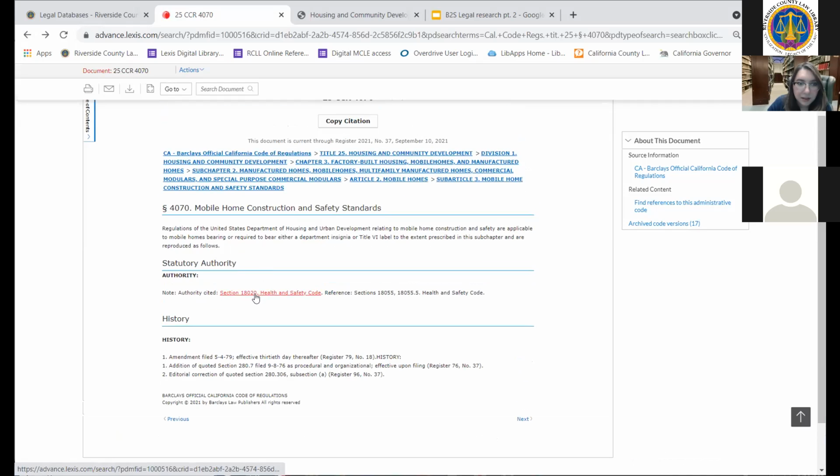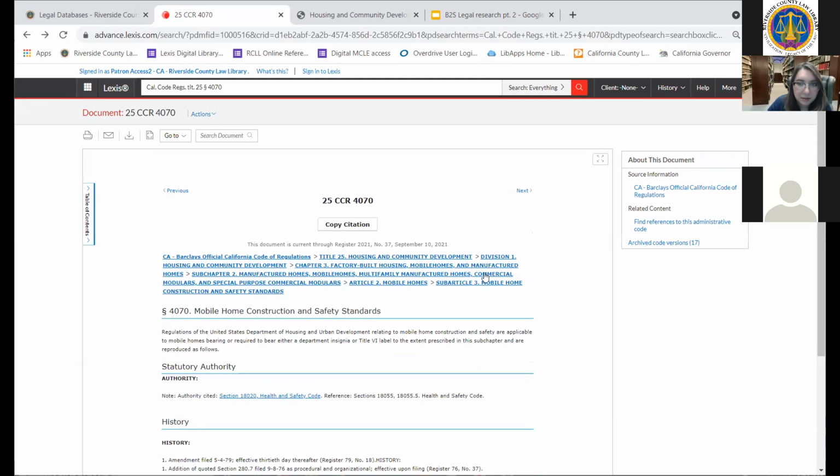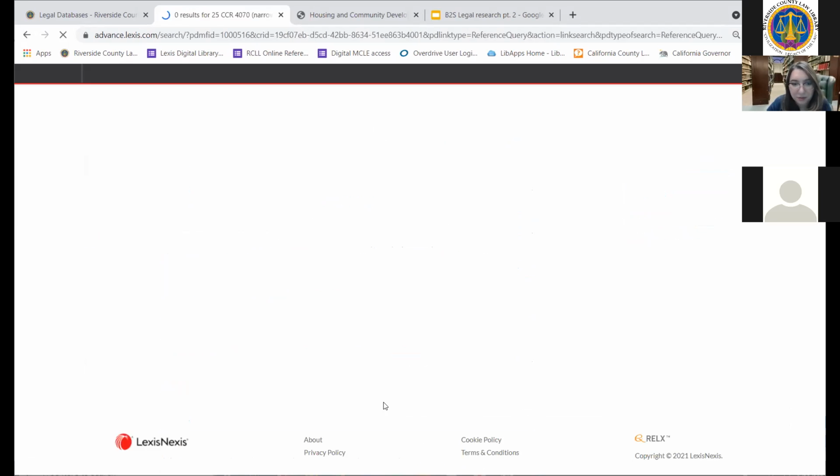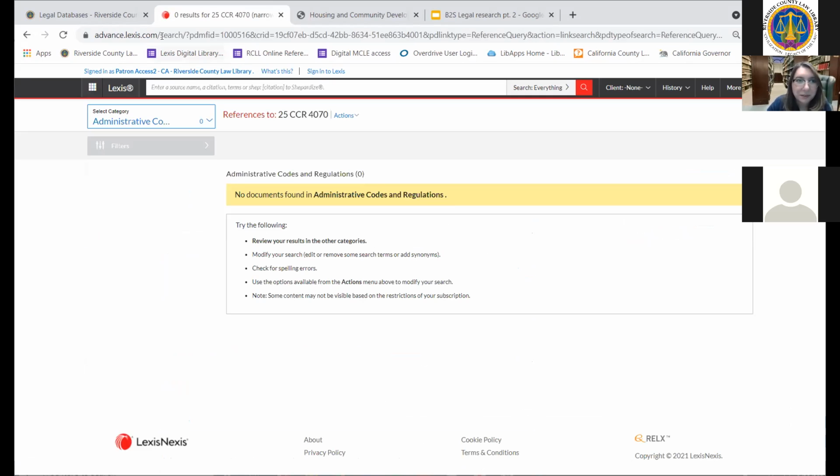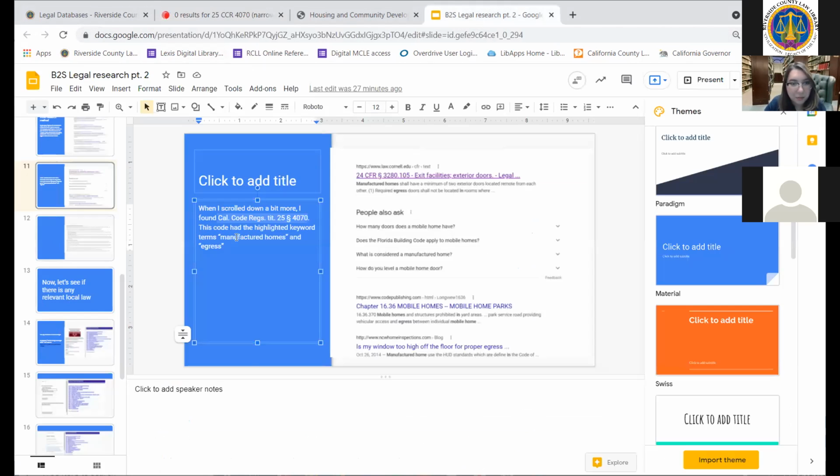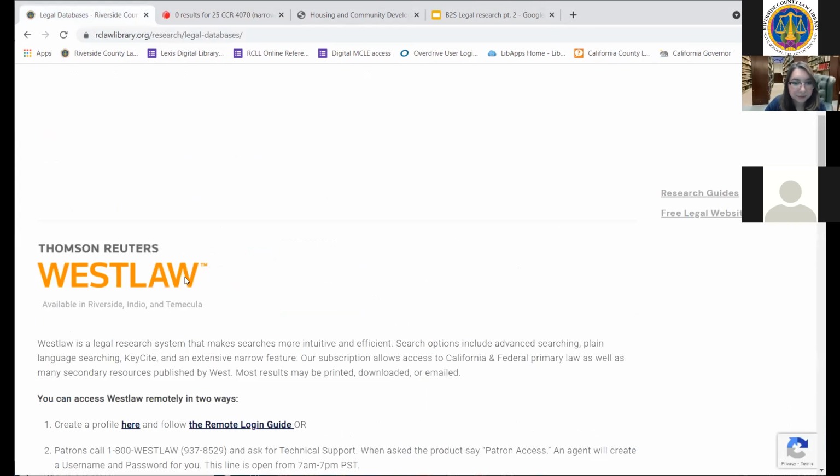And then it says, oh, okay, find references to this administrative code. Nothing. Okay, well, that's weird. So Lexis is not helping. So we're going to try to go back over to Westlaw.